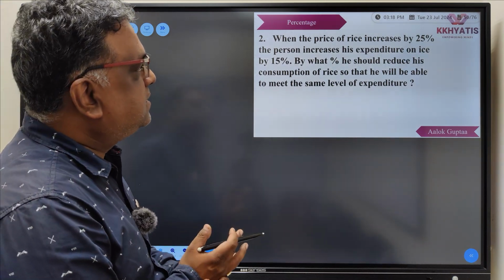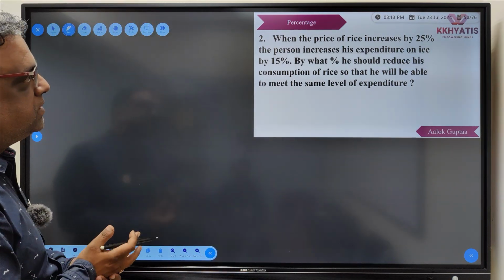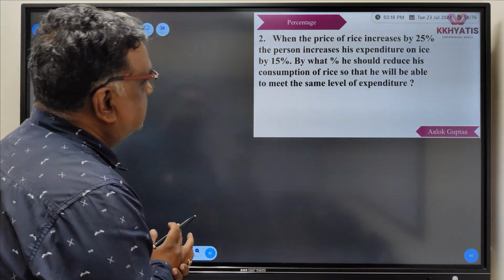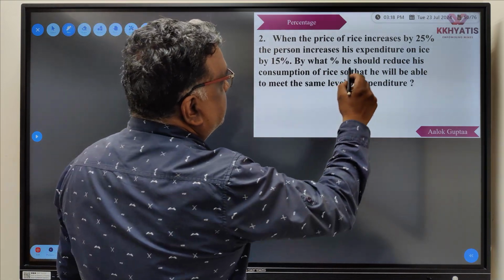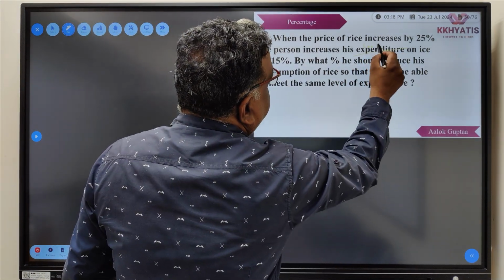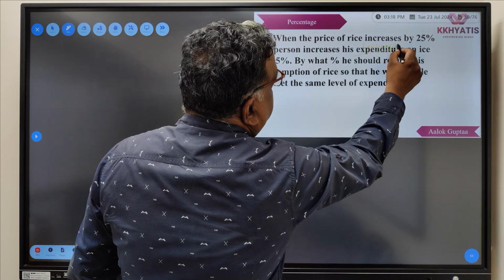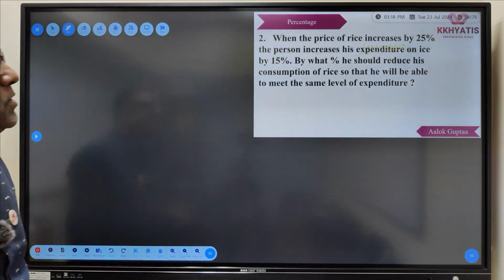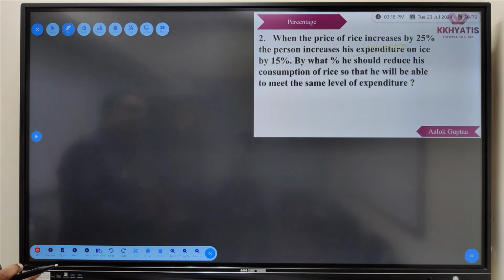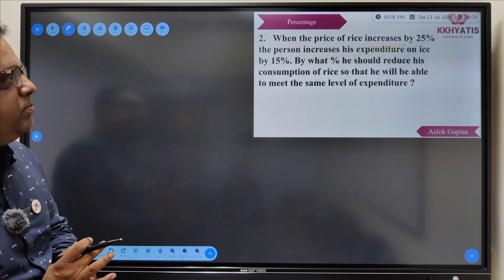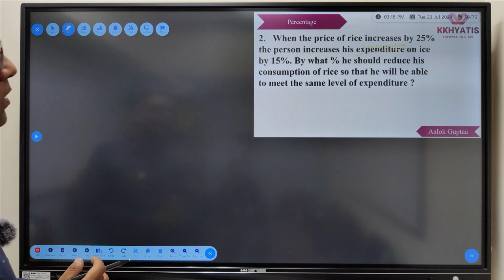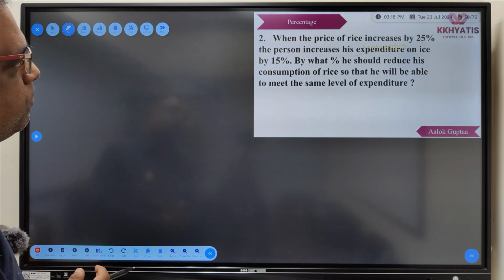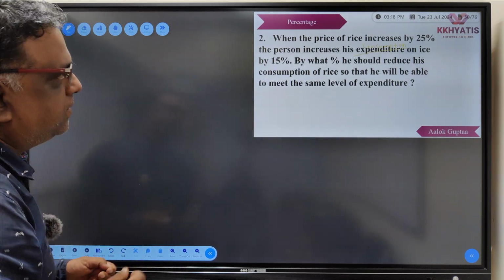When the price of rice increases by 25%, the person increases his expenditure on rice by 15%. By what percent should he reduce his consumption of rice so that he will be able to meet the same level of expenditure? No, that's expenditure only, my mistake.